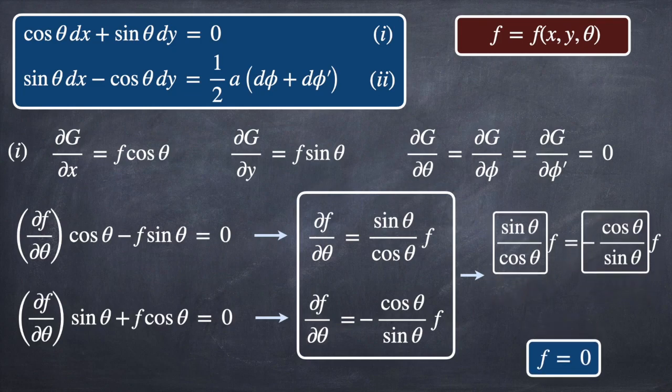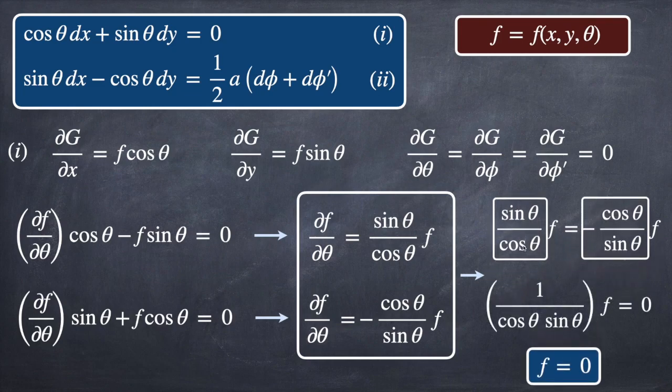If you prefer, you can work on these terms here and write this factor, 1 over cosine of theta sine of theta, multiplied by f, and this is equal to 0. And then, for all values of theta, we need that f must be equal to 0.